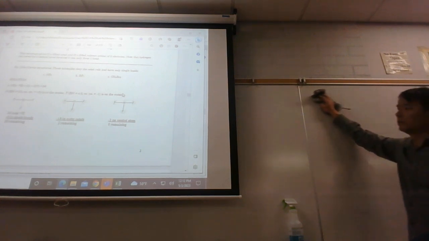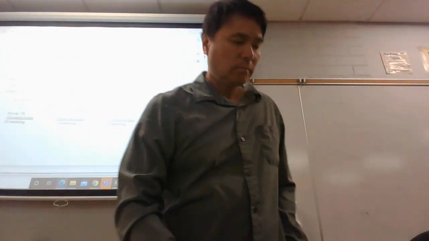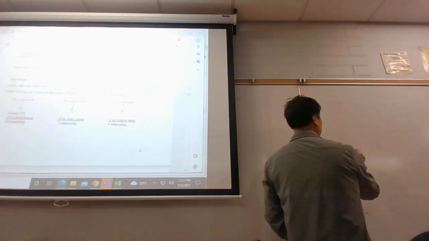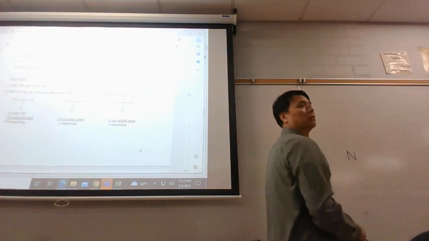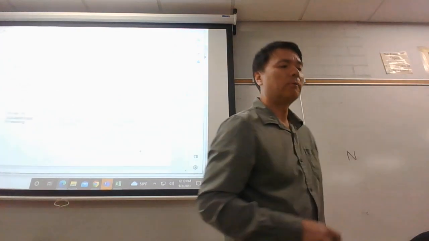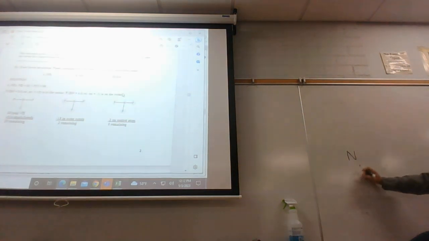Okay, we're going to look at NF3 next. So the first thing is, how many valence electrons does nitrogen have? 5 valence electrons. But what I want to do is draw the entire atomic orbital energy level diagram.